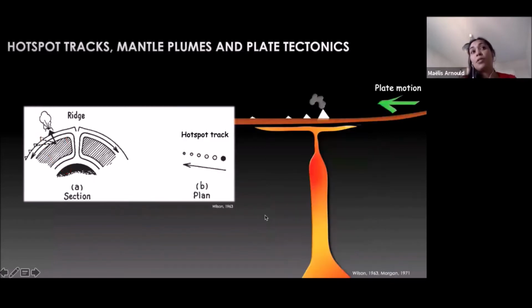And the surface plate motions above mantle plumes would be responsible for hotspot tracks. And while Wilson didn't rule out that mantle plumes could move within the mantle, a bit later, Jason Morgan, who is considered the father of the mantle plume theory, thought that mantle plumes are fixed in the mantle.